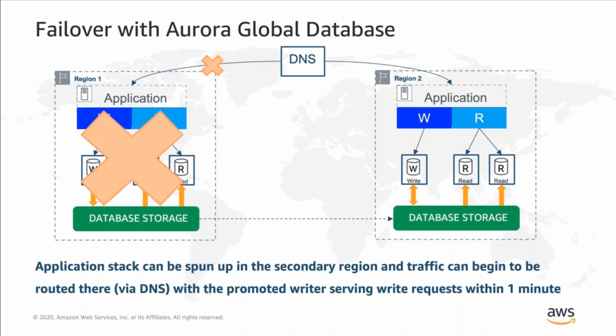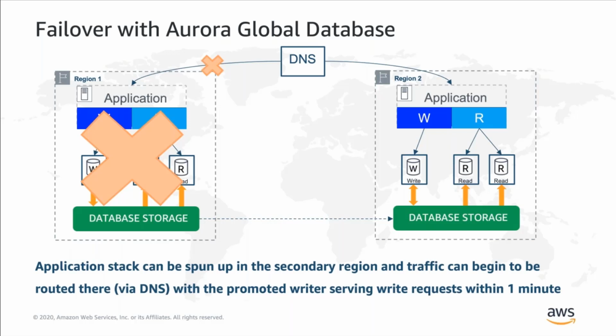So let's walk through what happens when you have a failure in region 1. The application stack can be spun up in the event of a regional failure if running in pilot-light mode, or if the application stack is already available because it's in use for reads.